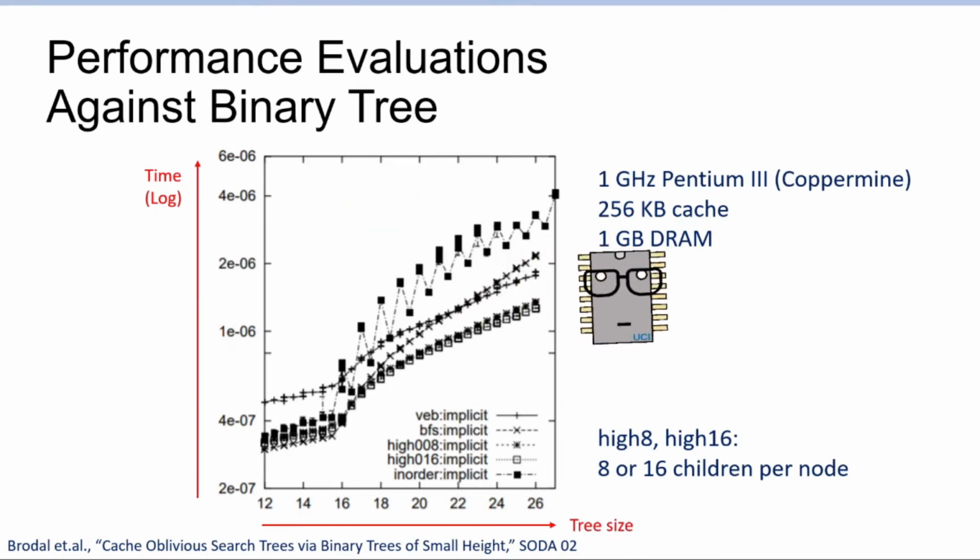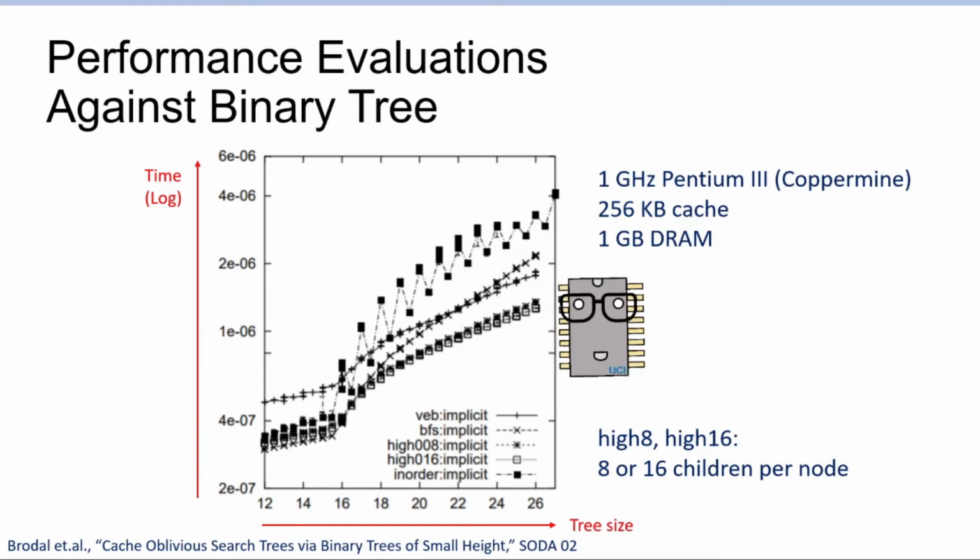The van Emde Boas tree layout is the one marked with a plus. So the one next to my eyes here. The naive implementation, the breadth first search implementation, is the X's here. And the binary tree.